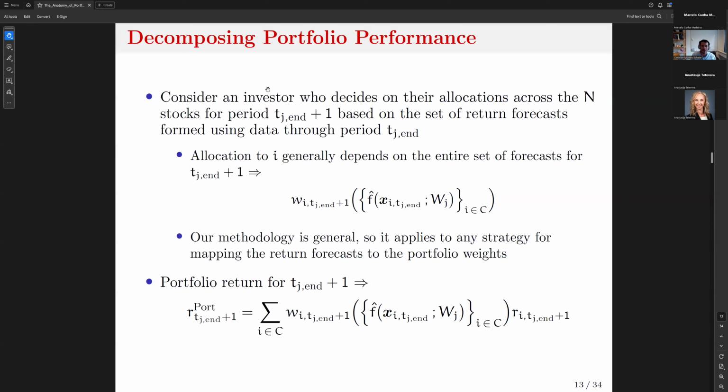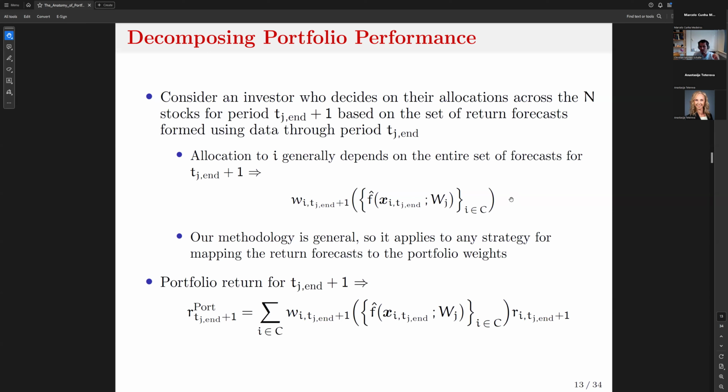So we start by considering an investor who decides on his or her allocation across n stocks for the next period. So we are standing at T_n, and we want to decide our allocation for the next period, T_n+1.